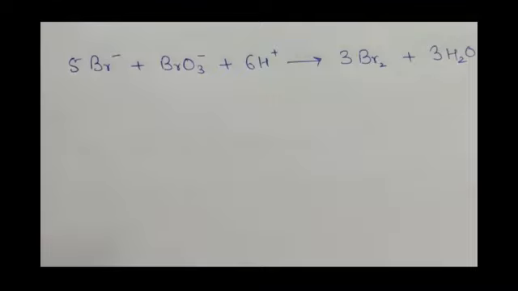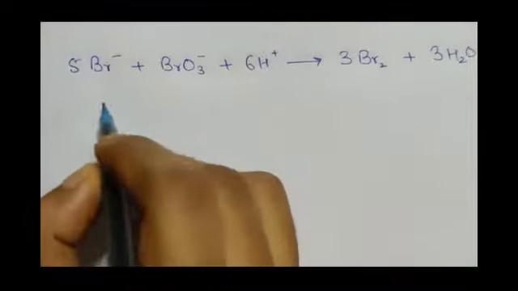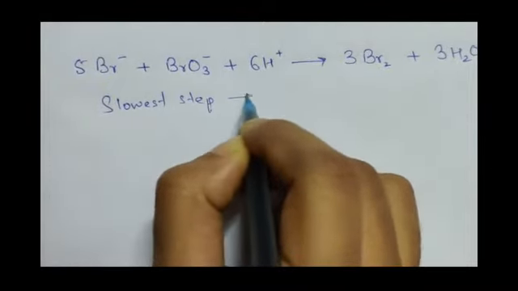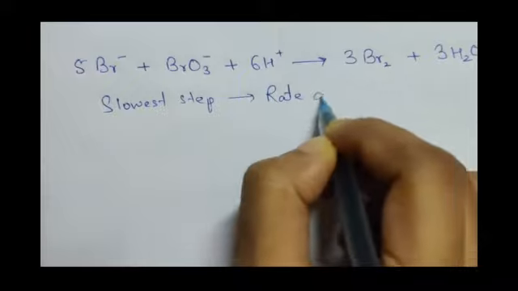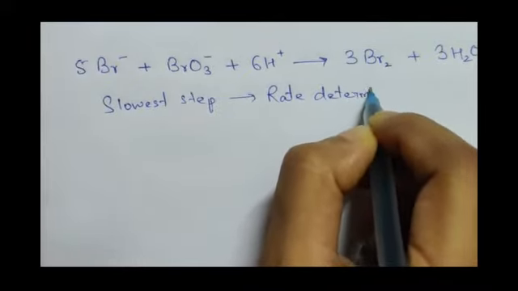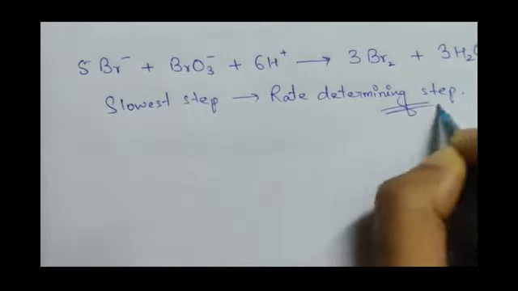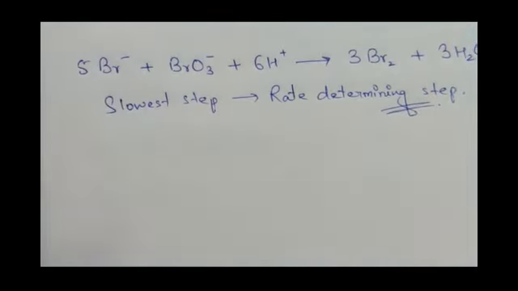So we can say that the slowest step is called the rate determining step. This is very important. This rate determining step gives us the ultimate rate of the reaction. Okay. This will be more clear to you if I give an example.